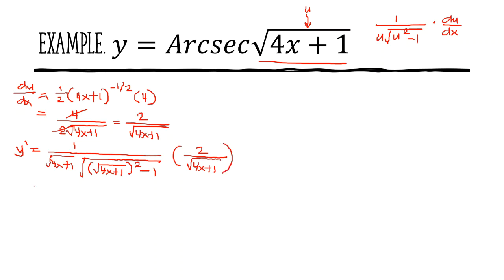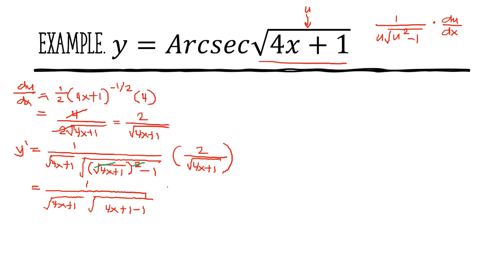So from here, simplifying our answer, we have 1 over, and this one can still be simplified. We can remove the square root and the squared. So what we have left is square root of 4x plus 1, and we have square root of 4x plus 1 minus 1. Let's just erase this one.